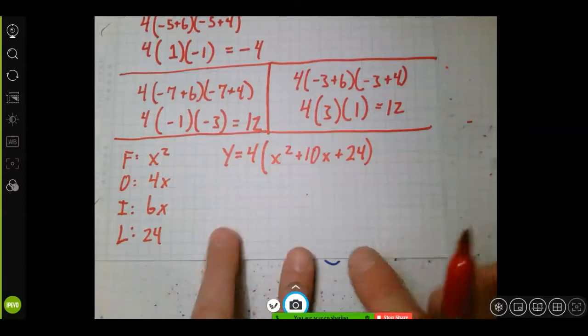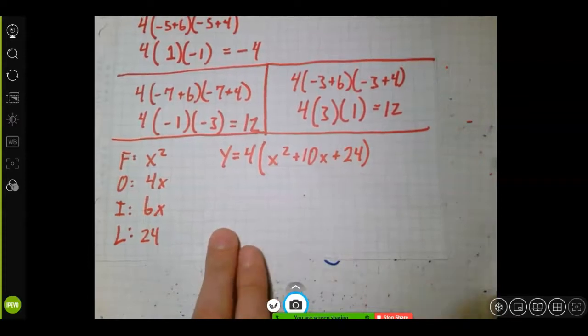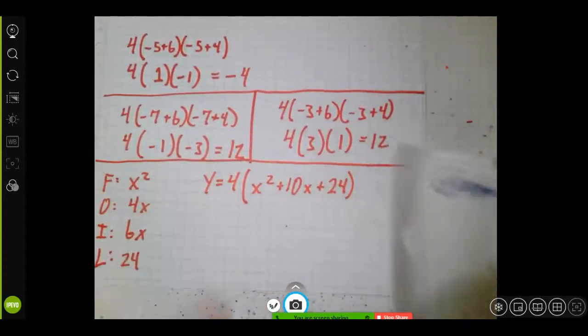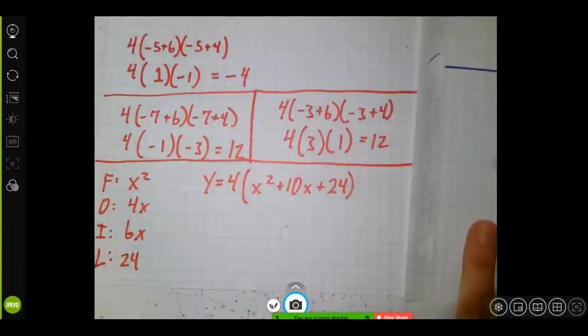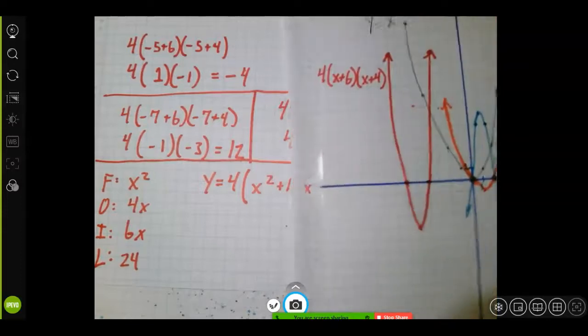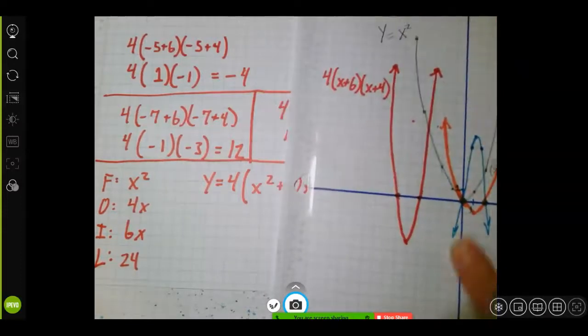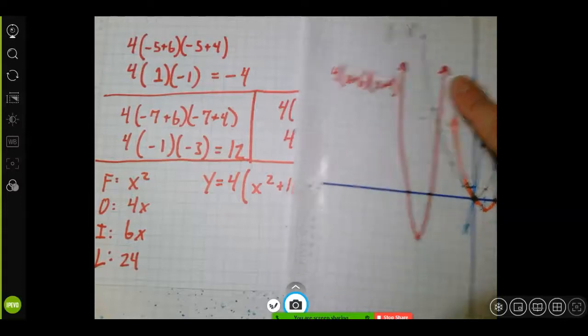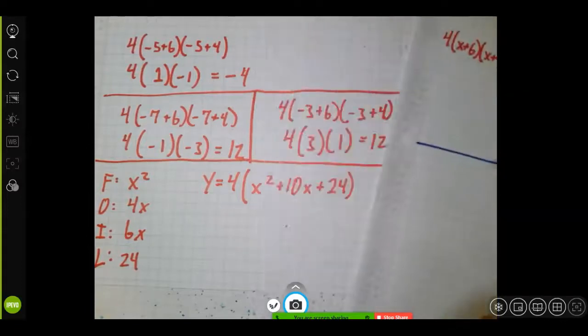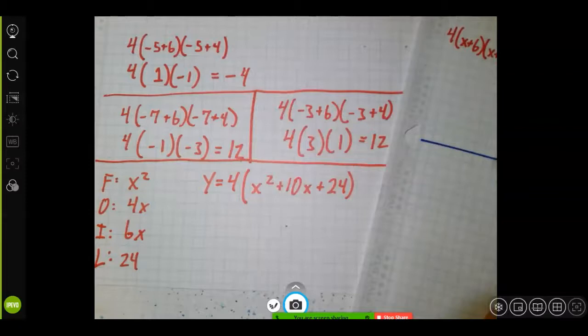And so wait, then my y-intercept is going to be 24? That doesn't seem like it's going to work, my y-axis is way over here. That's already at 12. Can anyone help me understand? I don't think my y-intercept is 24, but that's what it looks like right here.